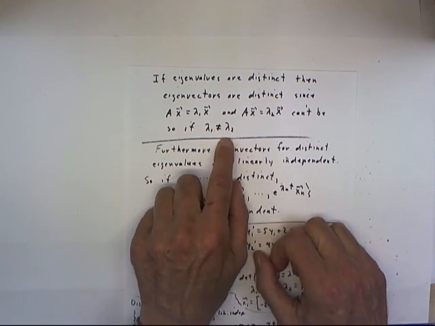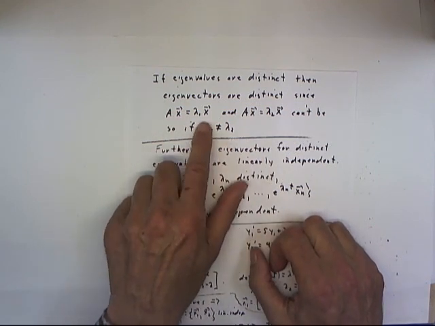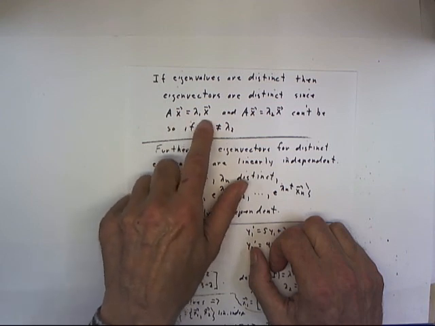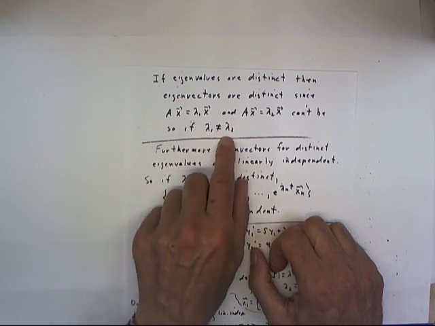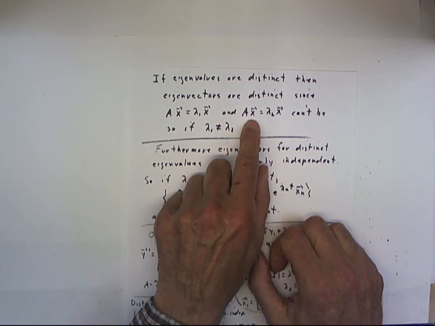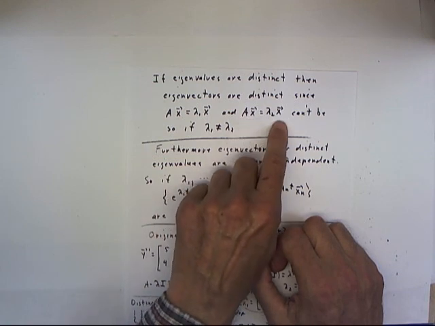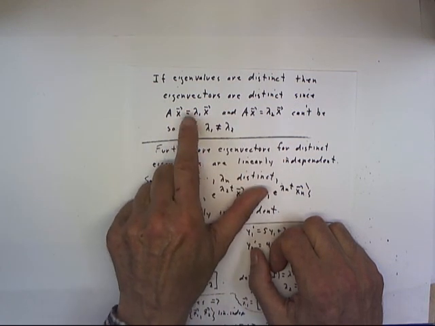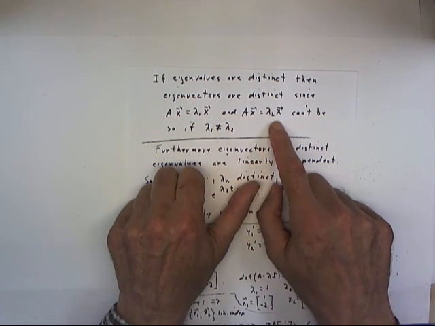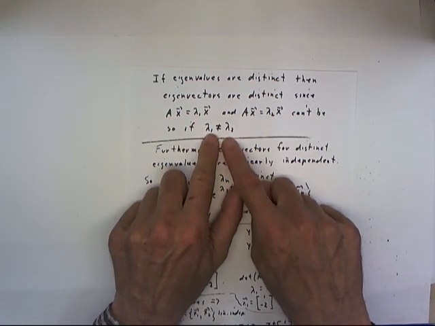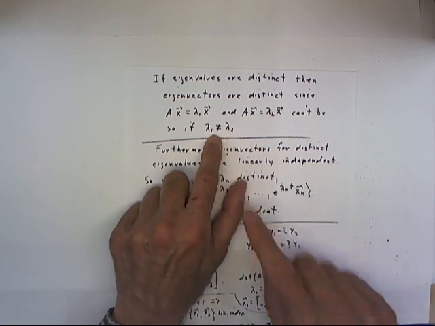If lambda 1 is not equal to lambda 2, Ax might be lambda 1 x, but then for the same x you're not going to get Ax equal to lambda 2 x. Ax has one value. Might be this one, might be this one, but it can't be both of them if these two eigenvalues are not equal.